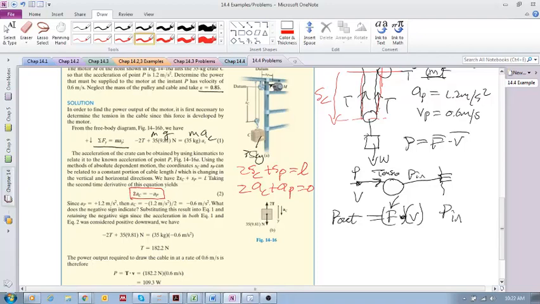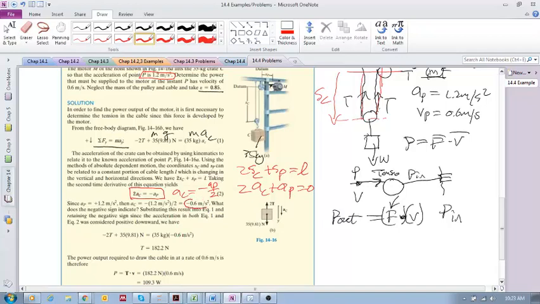All right. So now, what are we going to do? We know that the acceleration of point P was 1.2. Okay? So AC is then minus AP over 2, and AP was 1.2 over 2, so minus 0.6.